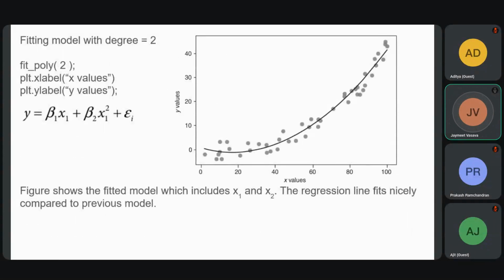So we'll be using degree 2 now for the fit poly method that we have defined, and you can see the mathematical equation here for reference. When we plot the graph, you can see that now the model is fitting the data points very well.